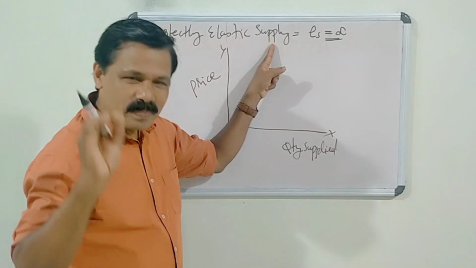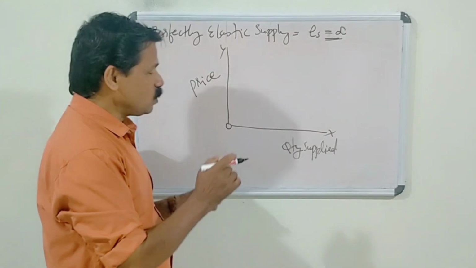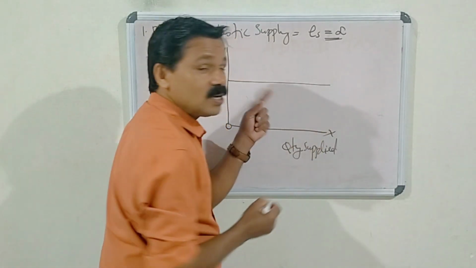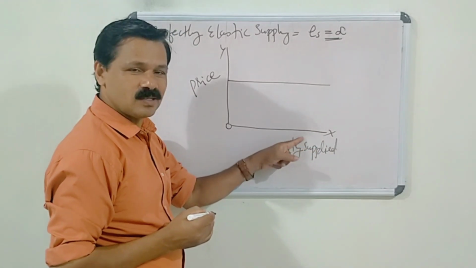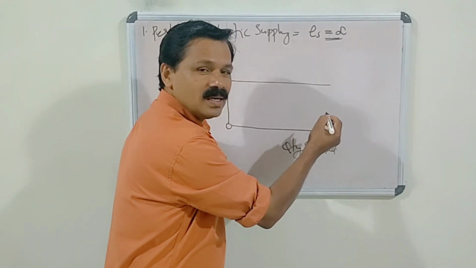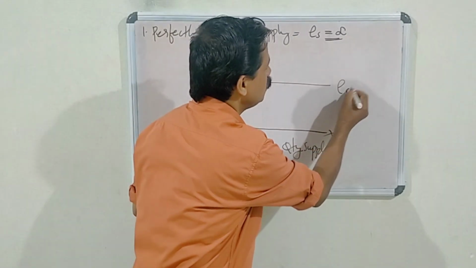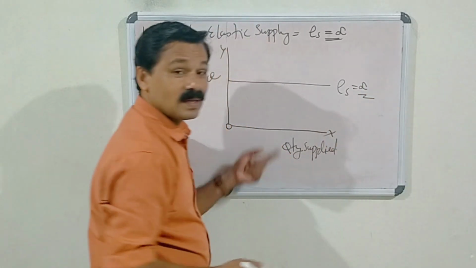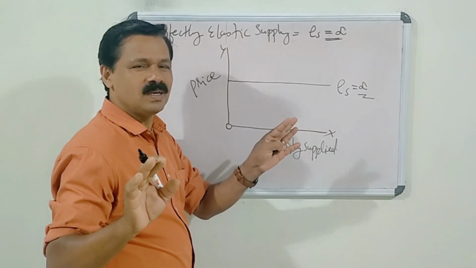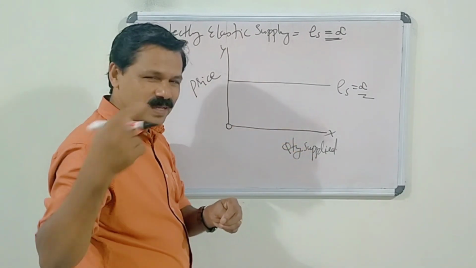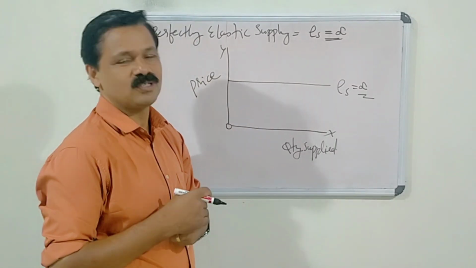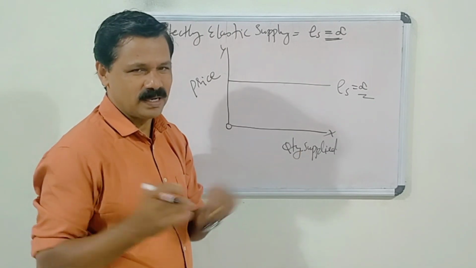In this situation, the supply curve has been drawn quite horizontally along the x-axis. The value of the elasticity here is equal to infinity. Limitless quantity will be offered for sale if there is a slight, incremental change in the level of price. Nothing more to explain.